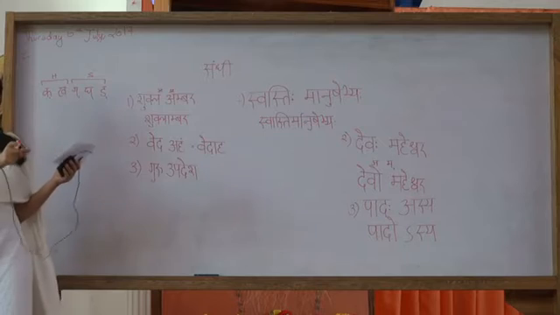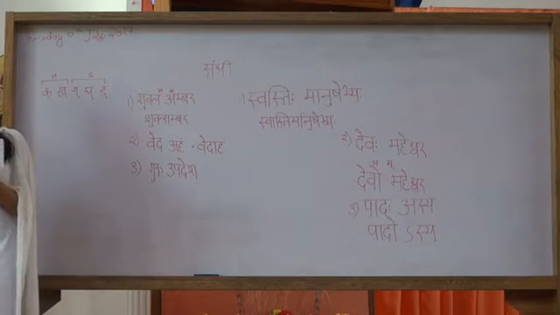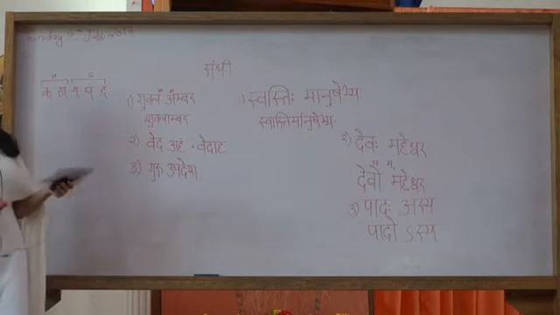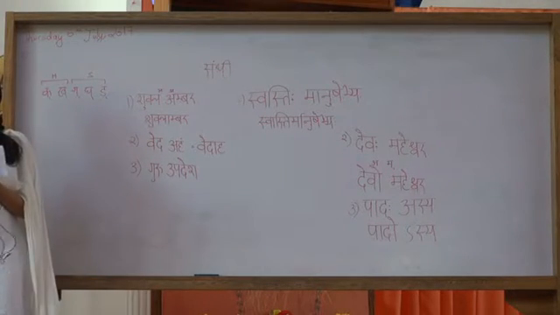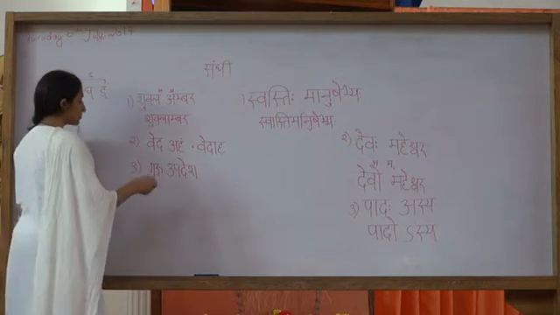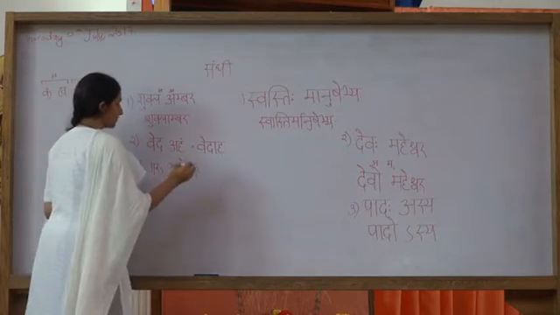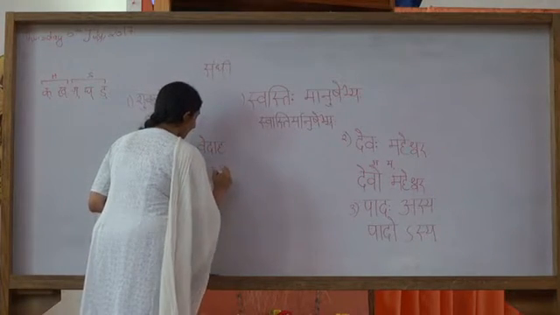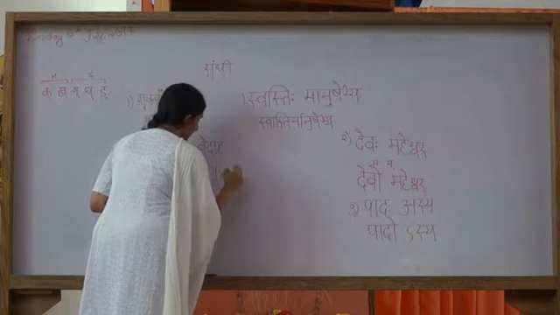What happens when a short U meets a short U? It becomes a long U, right? So then what would this word be? Guru Padesha, right? These two U's will join as one long U. So then it will be Guru Padesha.